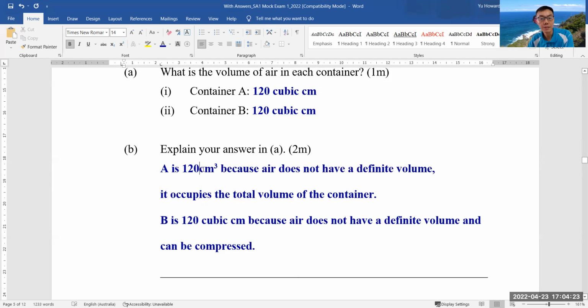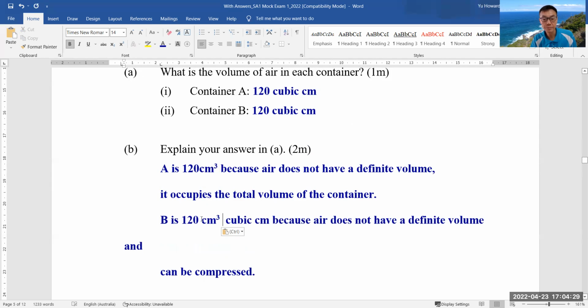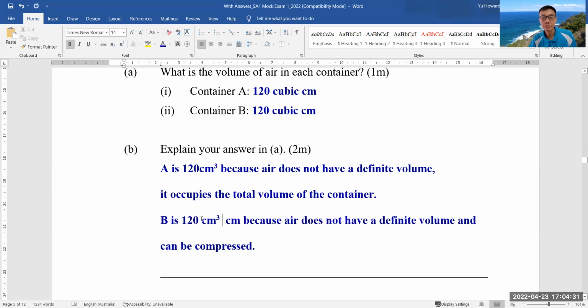And for B it is also 120 cm cube, because air doesn't have a definite volume and can be compressed.